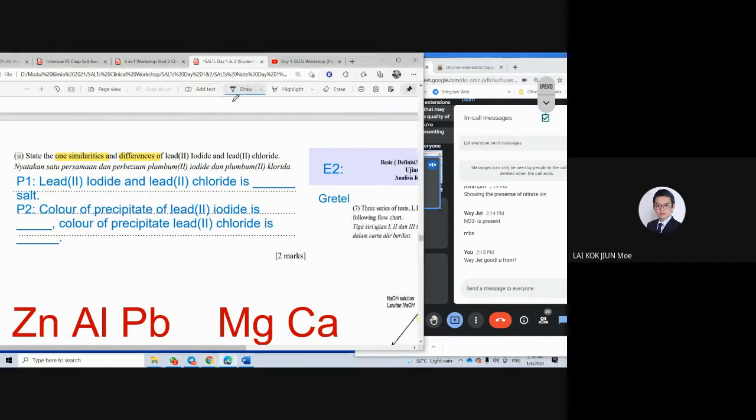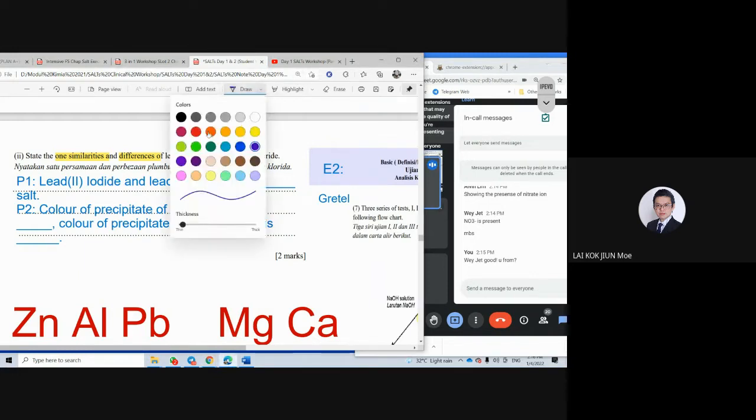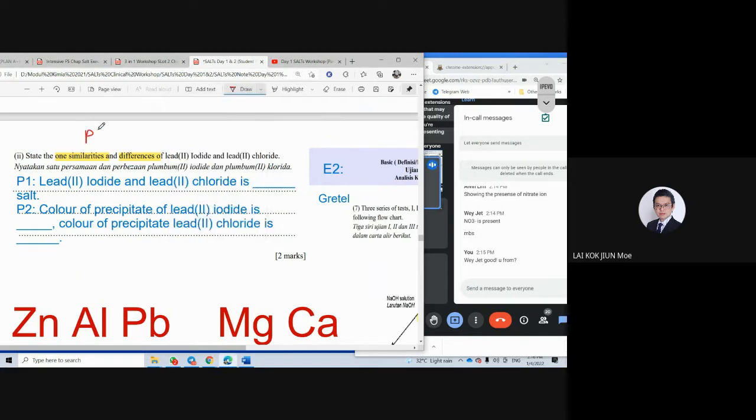So you have to remember back, PbI2 soluble or not? PbCl2 soluble or not? So both are insoluble. So you must mention insoluble. So this is the similarity. Both are insoluble. You got point 1.